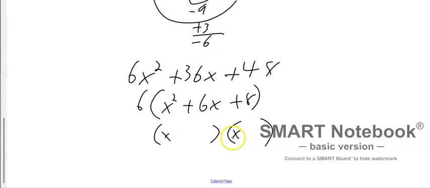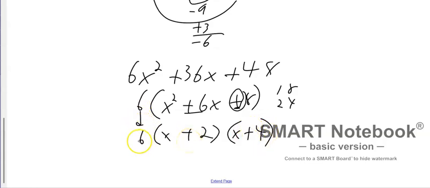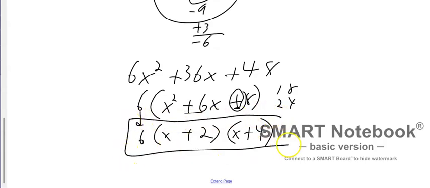X times x. Now I only have 1 and 8, 2 and 4. They have to add to 6, positive 6. That means I'm going to use 2 and 4. Both positive. And the only thing you have to remember is to bring this down. Because otherwise, I get x squared plus 6x plus 8 and not my original problem. But look how much easier it is if you take the GCF out.